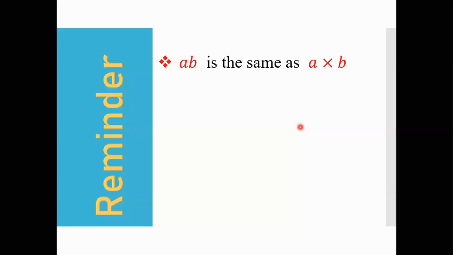So if you see AB, that means A times B. And if you see 5A squared B, that means 5 times A times A times B. So whenever numbers and letters are written together like this, multiplication is going on in between. Or whenever you see 2 letters written back to back like this, multiplication is still going on. It's just a shorter way to write these expressions because you don't want to have to write this out every time.